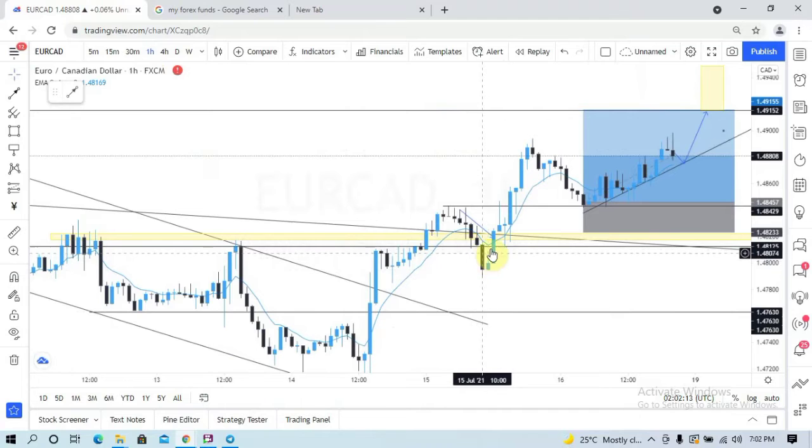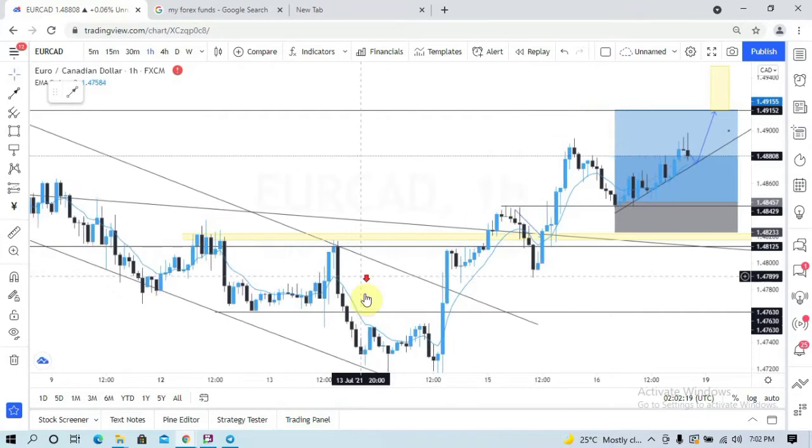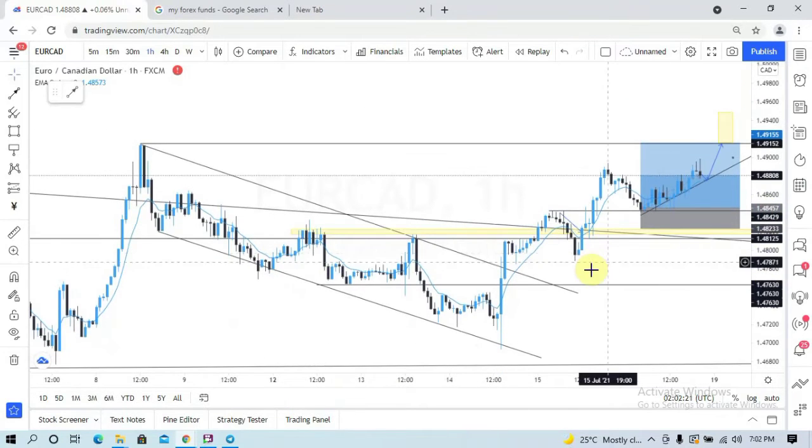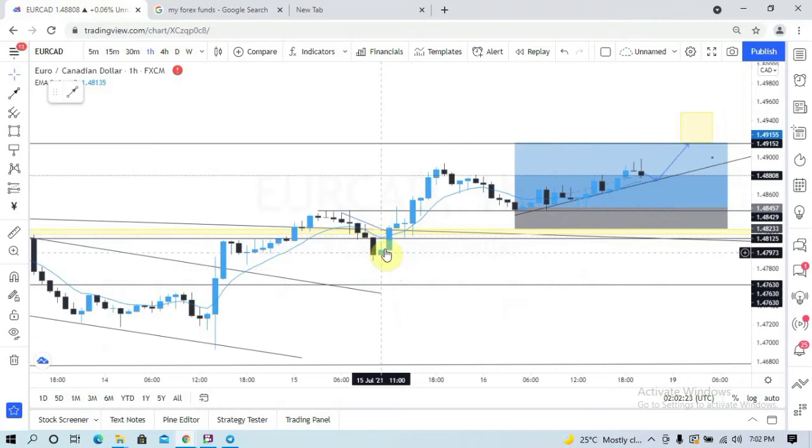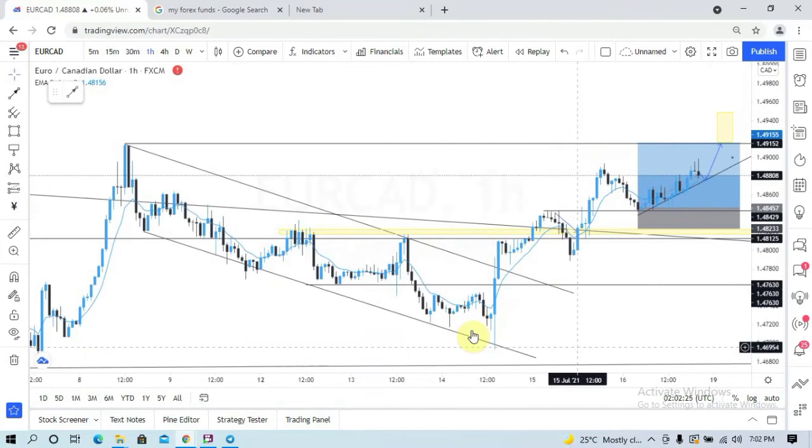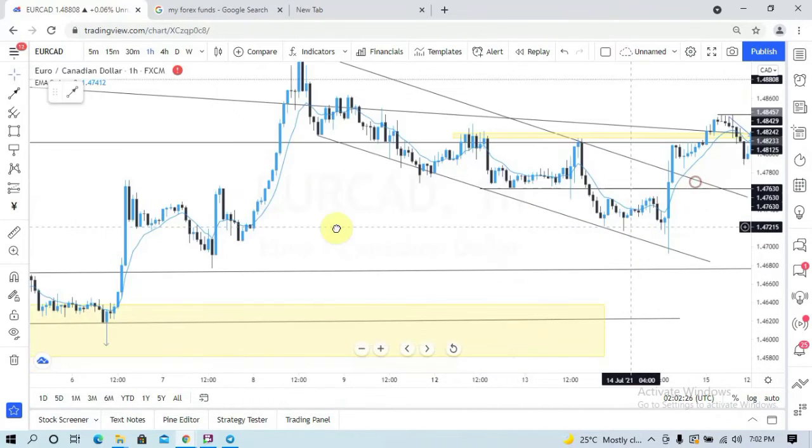So I took an entry right here thinking the market would come down. Then immediately I saw this exact same candle. Then if you go back, alright, check this candle, this armor pin bar candle.